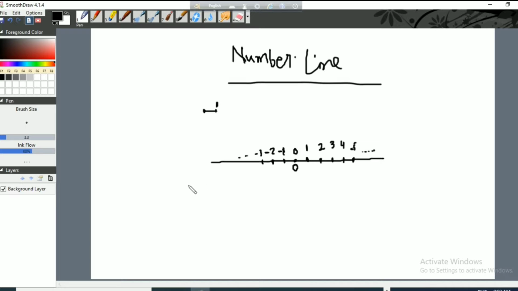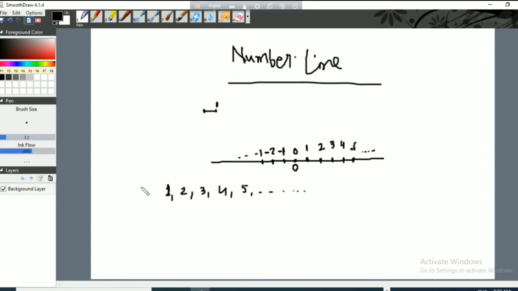Now the collection of all the numbers 1, 2, 3, 4, 5, these are whole numbers. That means they are used for counting or measuring whole of something.